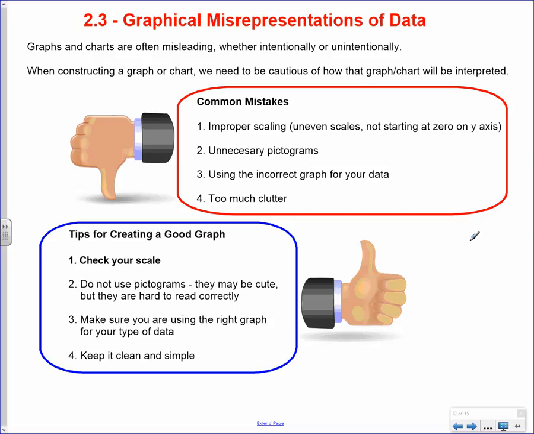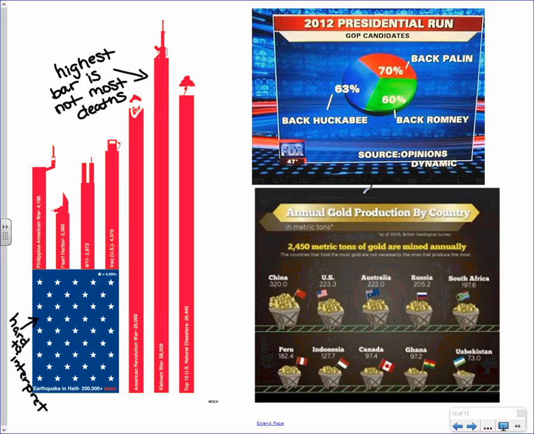So some graphical misrepresentations of data. These are some common mistakes. The tips for creating a good graph are basically just the opposite of the common mistakes. So looking at some of these graphs, what we talk about is pictograms may look good, but they're never really going to be the best way to display your data.